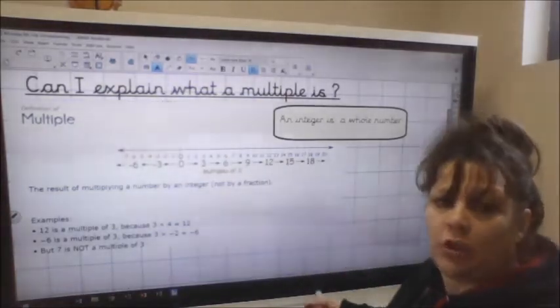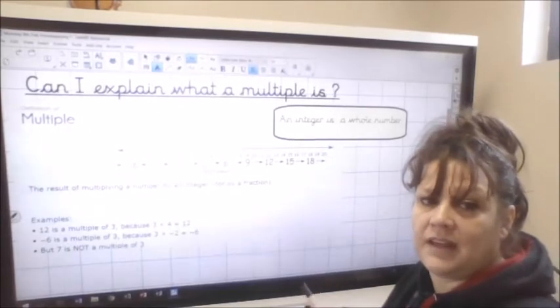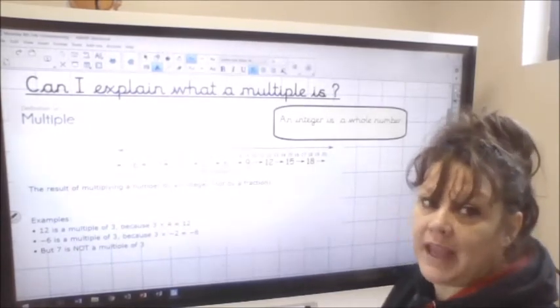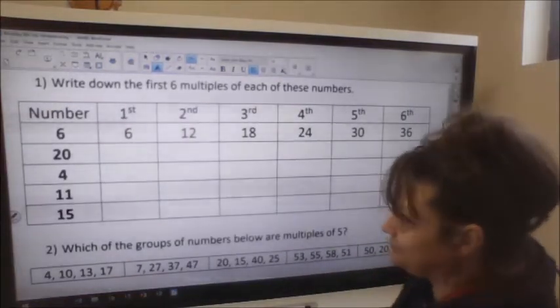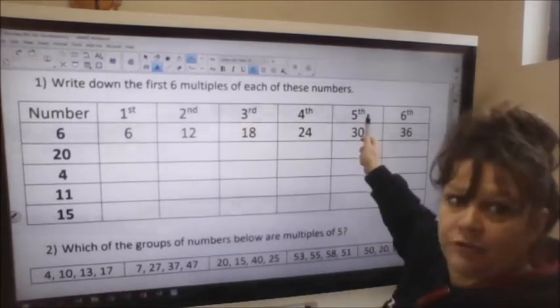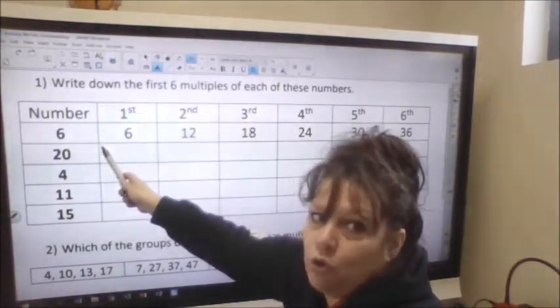So we're going to do a few little activities on the board, and then you've got some activities in your book, and then you've got a challenge at the end. So let's have a little look at what we're going to start off with. It says, write down the first 6 multiples of these numbers. So it's thinking about your times table.